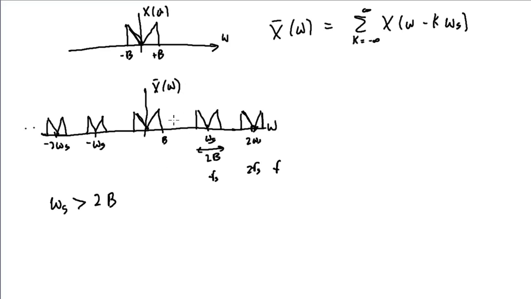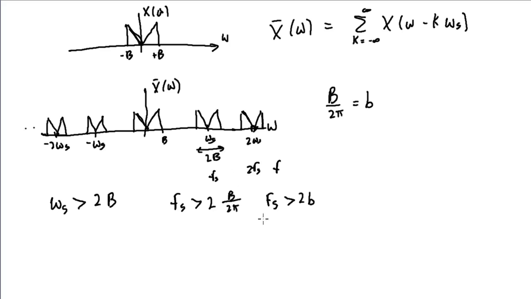That means I've got some space here between the two. So this is equivalent to f of s being greater than 2 times b over 2 pi. Let me call this b over 2 pi equal to a lowercase b, where b is in hertz. So this is equivalent to f of s greater than 2 times b, and this lowercase b is the maximum frequency in x of t.